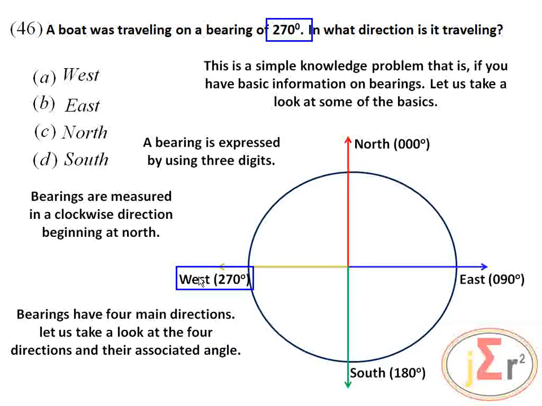According to what we have in the statement of the problem, we need the bearing associated with 270 degrees. That direction is given right here as west. West is 270 degrees. The correct answer is option A.